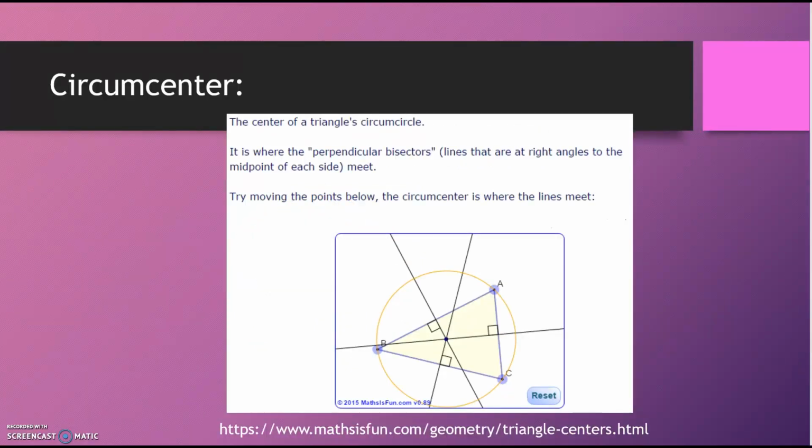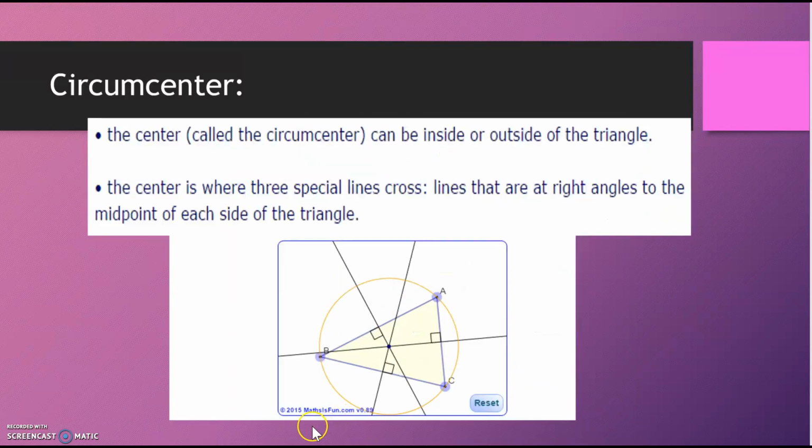So what does that show us? The center, called the circumcenter, can be both inside or outside of the triangle. The center is where all three special lines cross, lines that are at right angles to the midpoint of each side. So each of these lines are perpendicular bisectors.